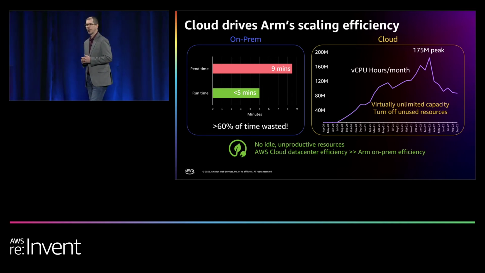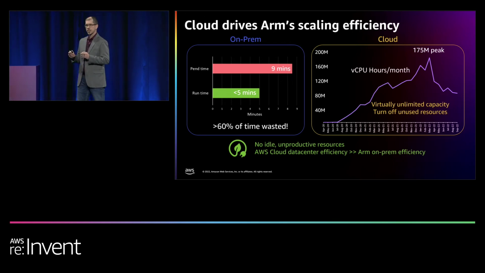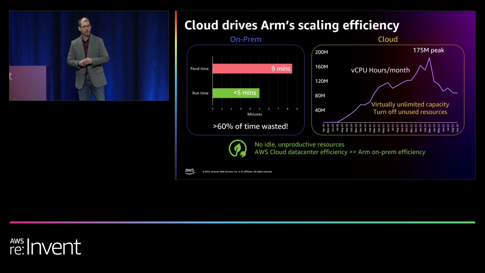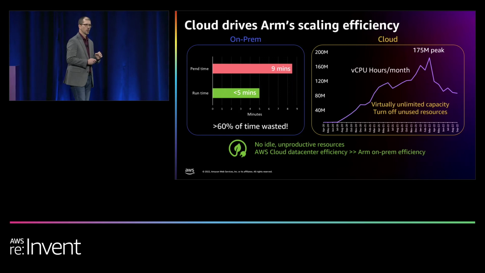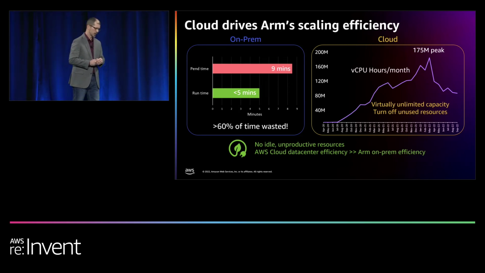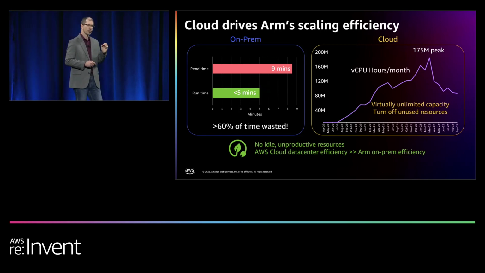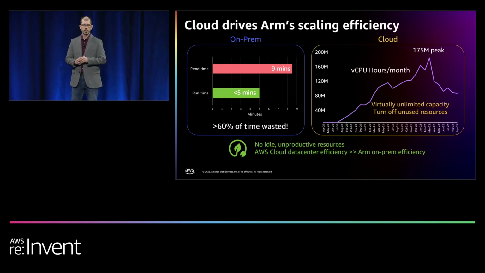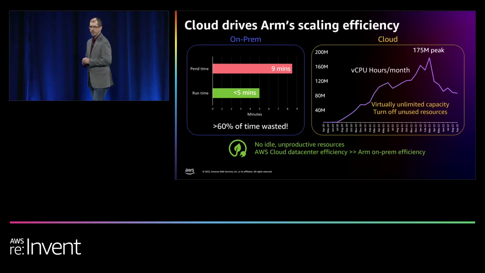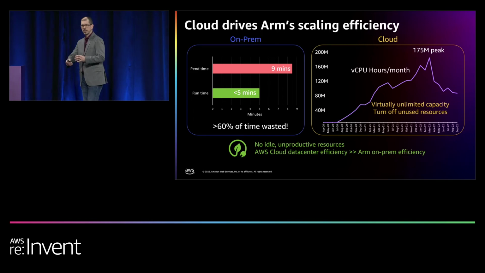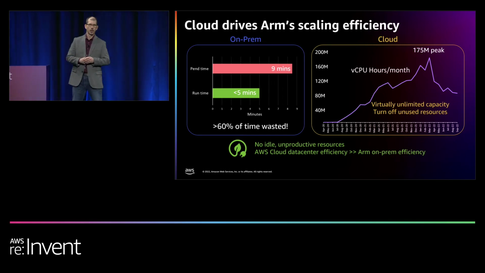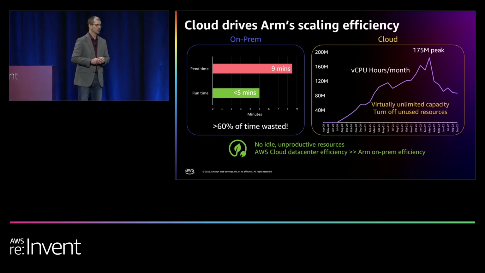Before moving to the cloud, we averaged 9 minutes of pen time. So 9 minutes before a job would actually be submitted for processing. 85% of our jobs finish in under 5 minutes. That means that our engineers spend 60% of their time waiting for their jobs to execute.